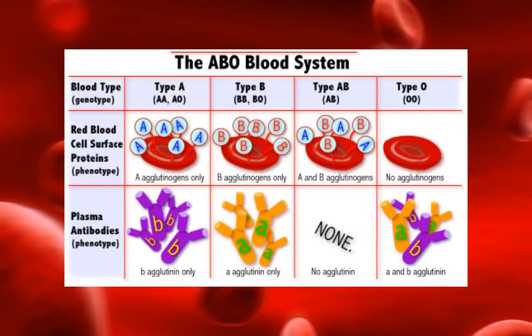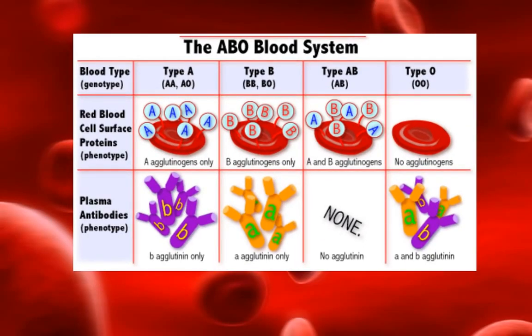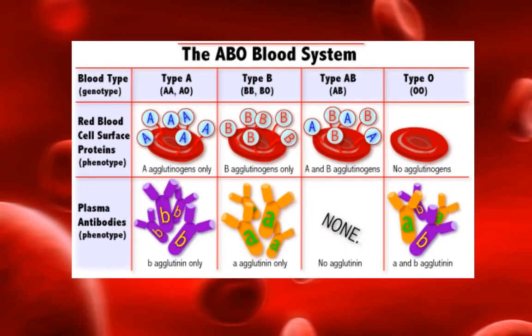Now, if you're wondering why it's important and what these antigens mean for the individual person, this chart gives you a good indication. We have the various blood types going across the top: type A, type B, type AB, and type O. Again, this shows the antigens on the blood, the A antigens and the B antigens, with someone with AB blood having A and B antigens, and someone with O having no antigens.